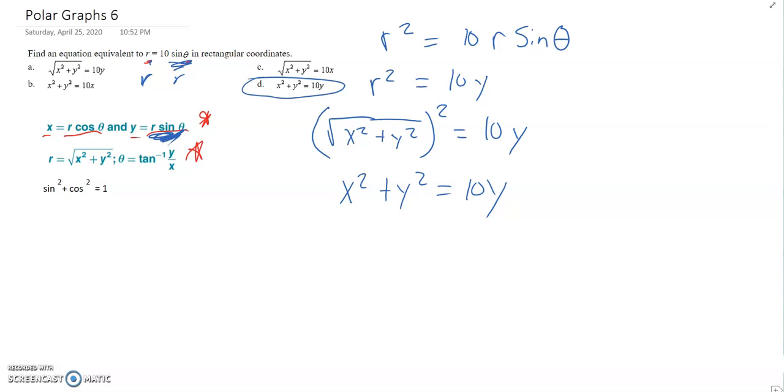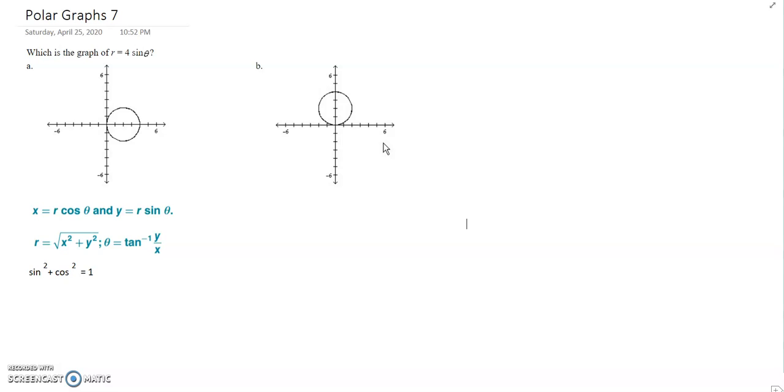Next, question 7. It says which is the graph of r equals 4 sine theta. There's a long way to do this one and an easy way. If you have r equals some number sine theta or cosine theta, it's going to be a circle with that diameter. So both of these are circles with a diameter of 4. One is along the x-axis and one is along the y-axis.